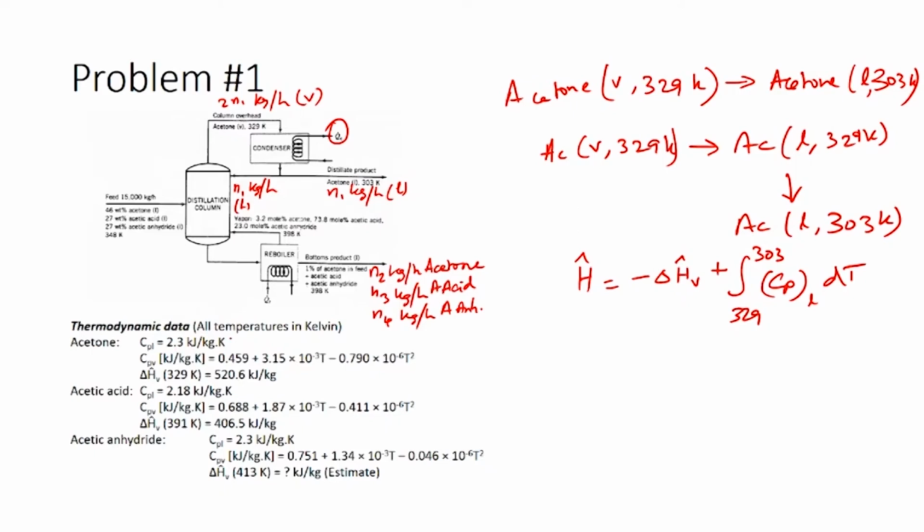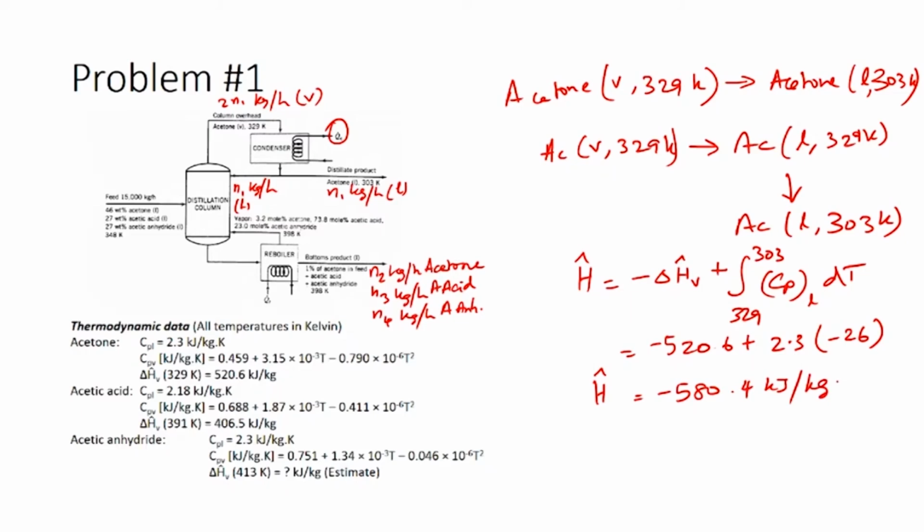So this is minus 520.6 plus 2.3 times minus 26, and the delta H cap value is minus 580.4 kilojoules per kilogram.